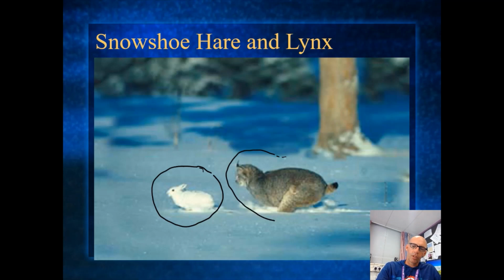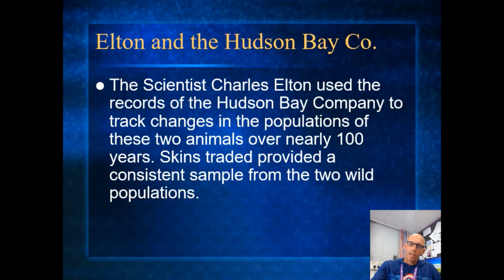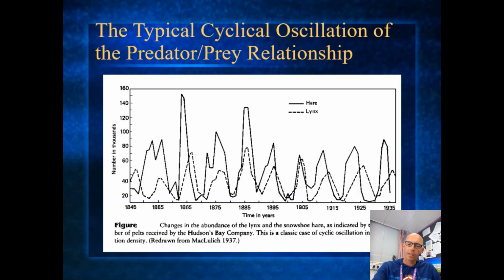Both animals were hunted for their fur over a long period of time, and so because of this, a lot of data was available. And Charles Elton, with the Hudson Bay Company, who were using the skins and the furs of the animals, actually managed to have 100 years worth of data.